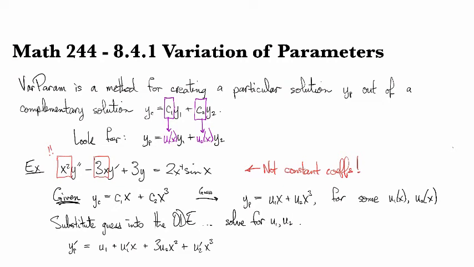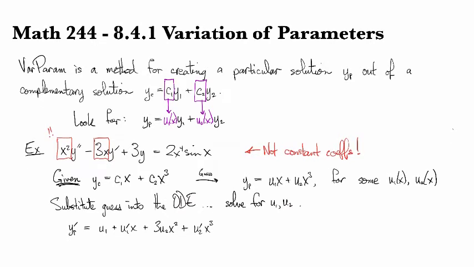Now let's just think about what we're going to do before we go ahead and compute the second derivative yp double prime here. We're going to have one equation when we substitute this in.